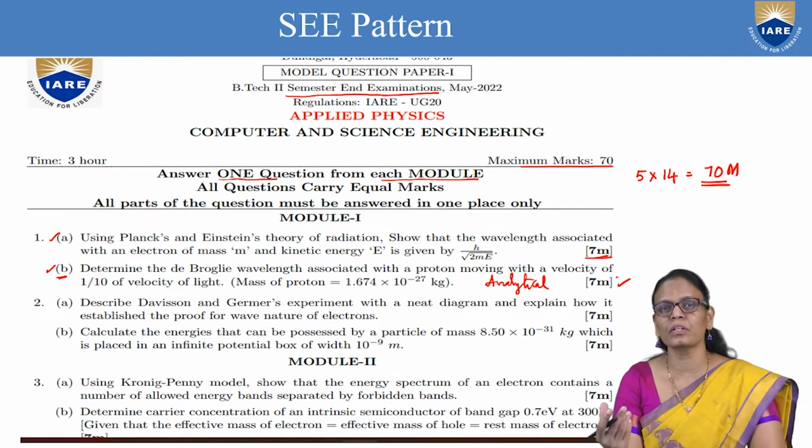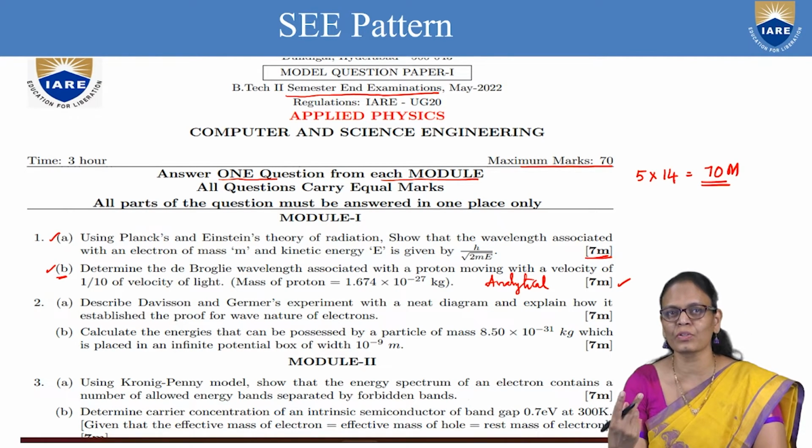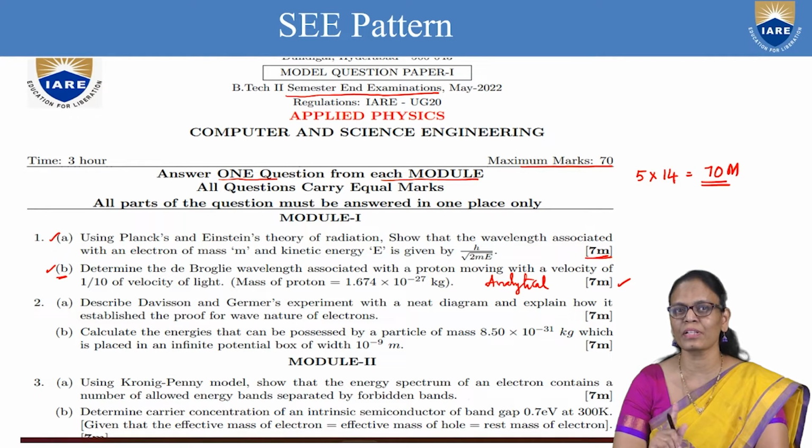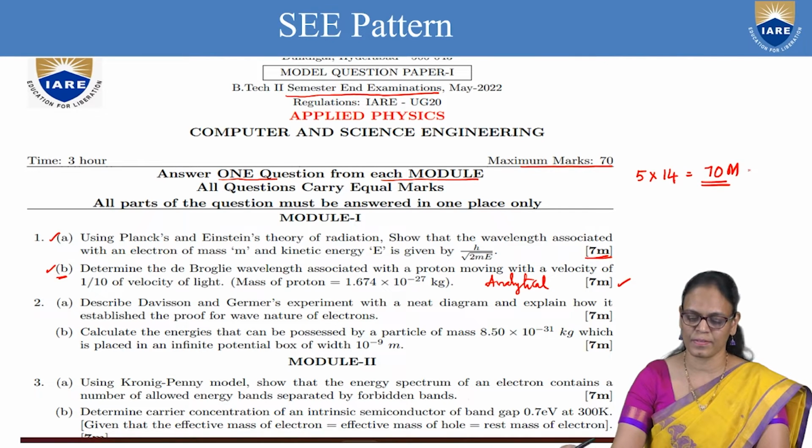But from module 3, 4 and 5, you will be given 2 questions, out of which you will have to answer 1. So in any way, you will have to answer 5 questions, 1 from each module, each question carrying 14 marks, that is for 70 marks.